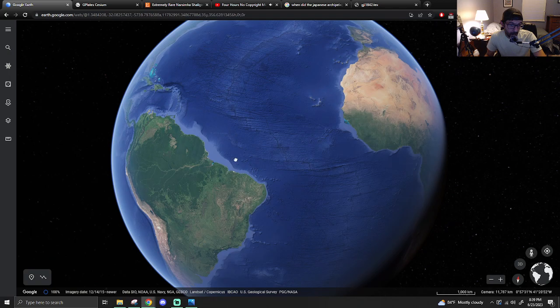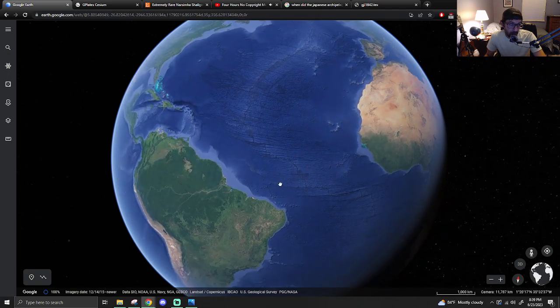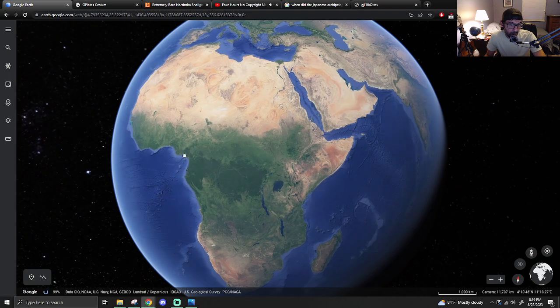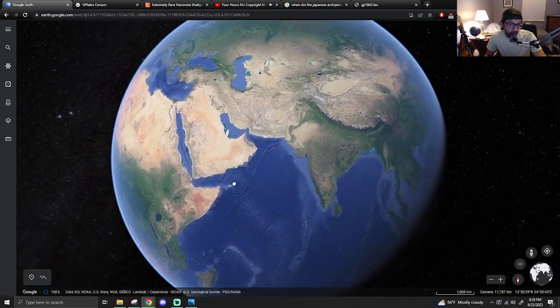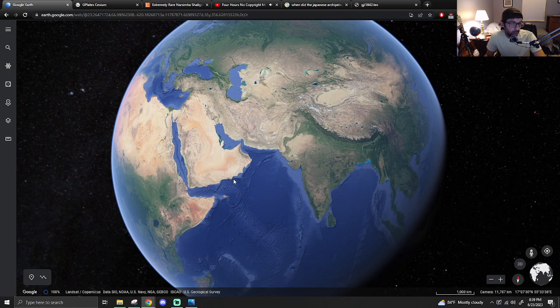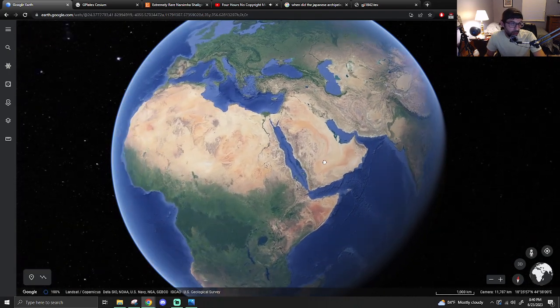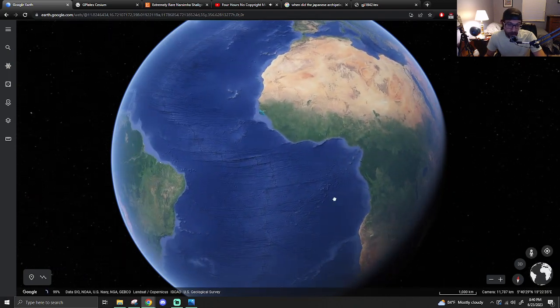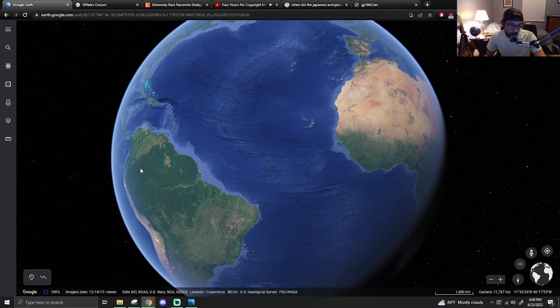Just more rain. I don't know if that actually makes any sense. Obviously, this is desert and this is a rainforest.